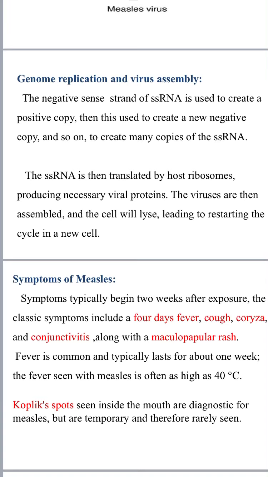Fever is common and typically lasts for about 1 week, and this fever will be high and can reach 40 degrees centigrade. The most diagnostic symptom is Koplik spots, as these spots can be seen in the mouth. These spots are temporary and therefore rarely seen.